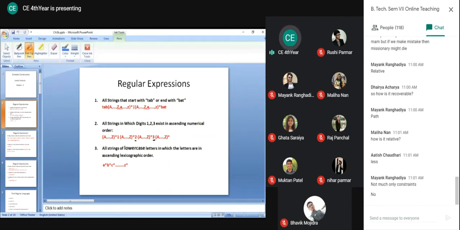All the strings that start with tab or end with bat. So our goal is we want to start with either tab or end with bat. That's why we have tab here in the beginning. Then we have any alphabet A to Z, capital and small.